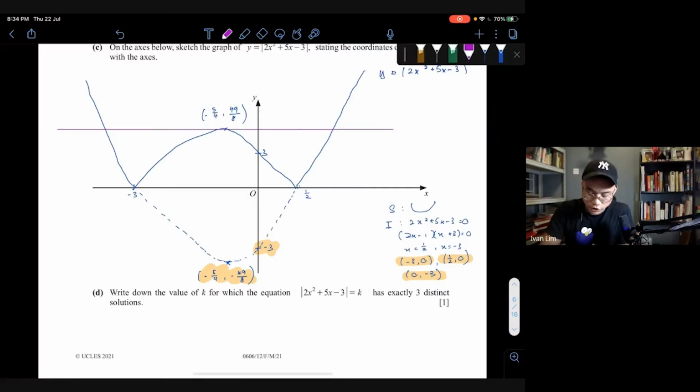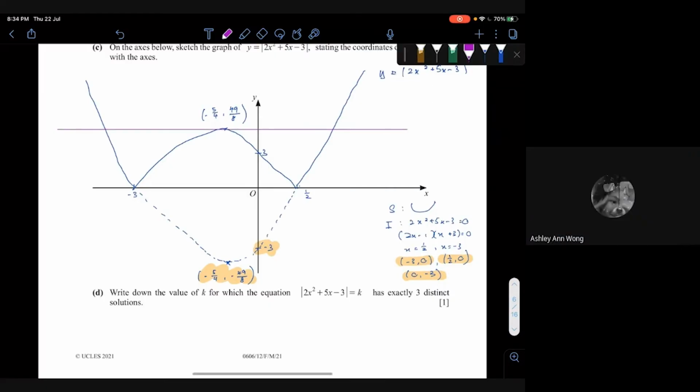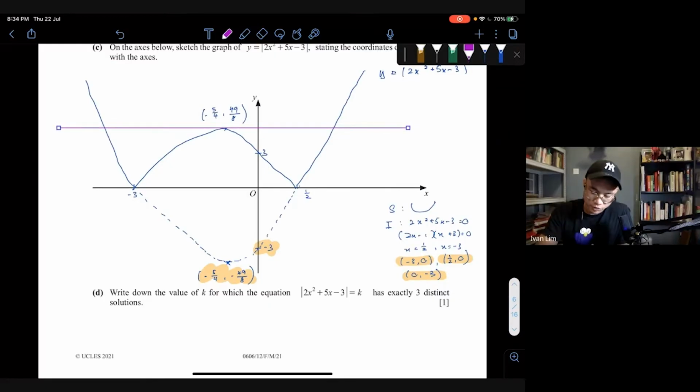This will be your equation. Okay, yep, 6.125, correct. Okay, or 49 over 8. Okay, because here, 1 solution, 2 solution, 3 solution.